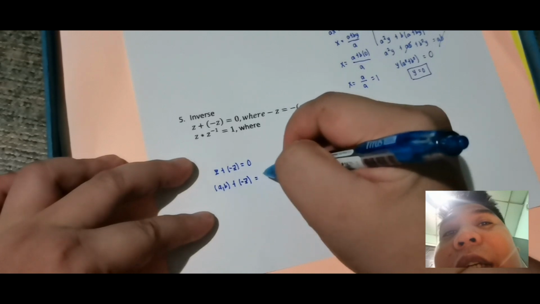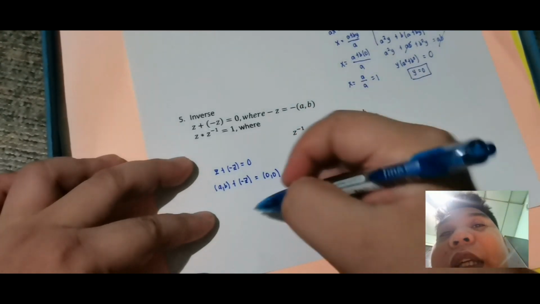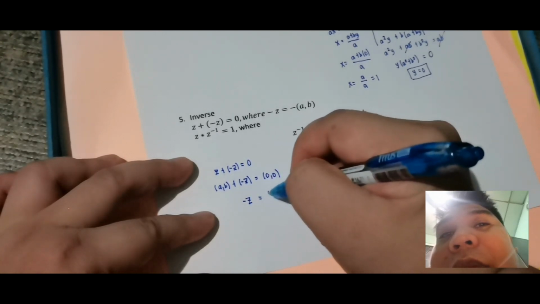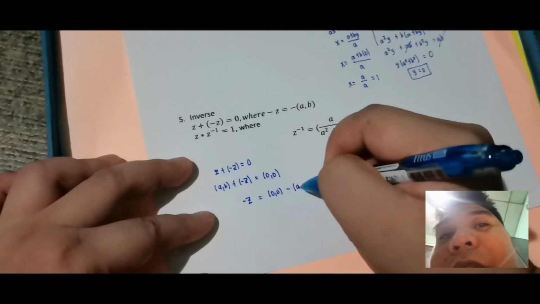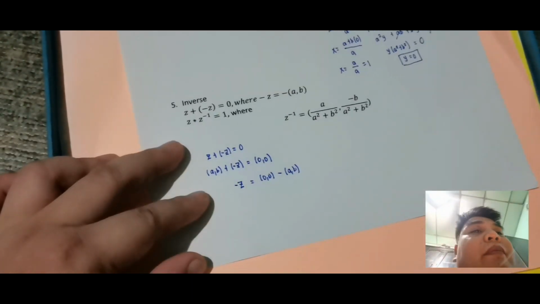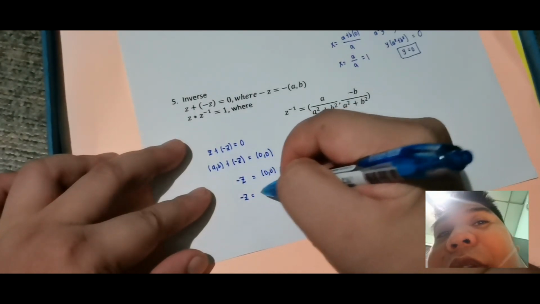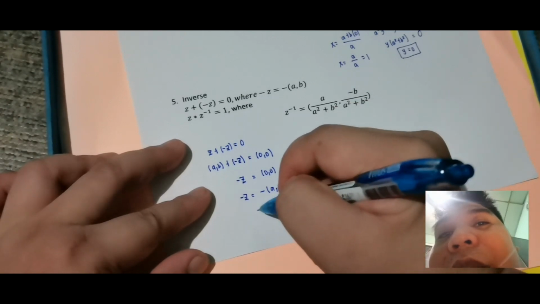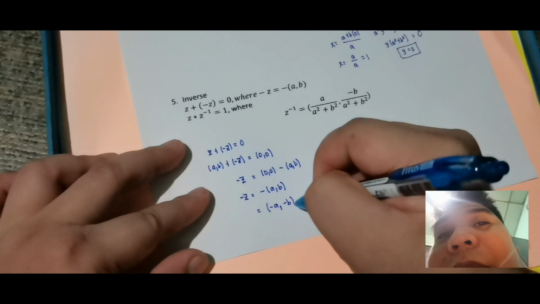This is equal sa (0, 0). Okay, then this is equal sa negative Z. Okay, equals (0, 0) minus (A, B). Okay, so therefore, negative Z is equal to negative of (A, B). Or in simplified term pa, that is (negative A, negative B).